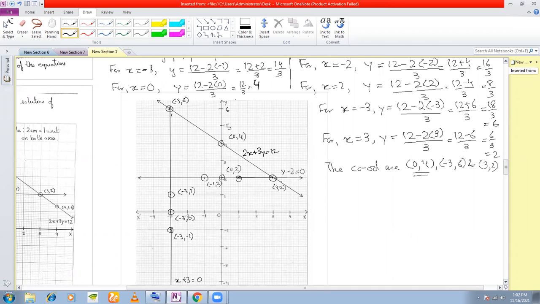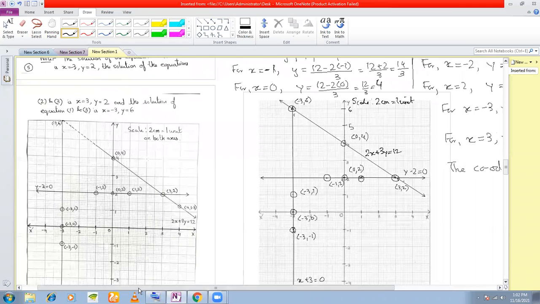I forgot to write the scale. You can write the scale here: 2 centimeter is equal to 1 unit. Or along x and y axis, 10 divisions is equal to 1 unit. You can also write that way. Okay. Fine. So we have got this.